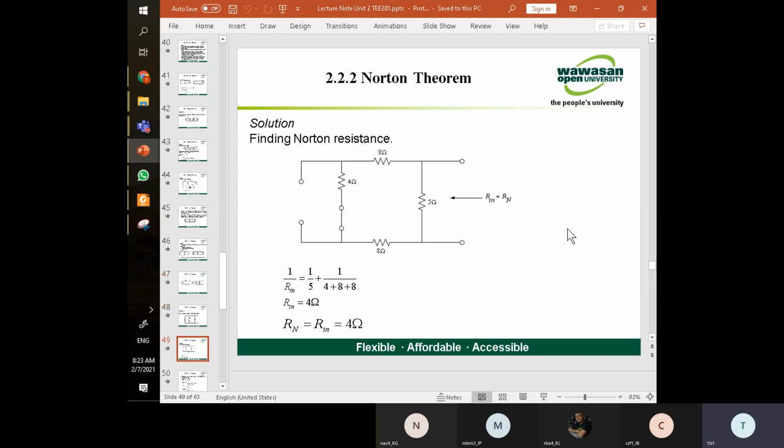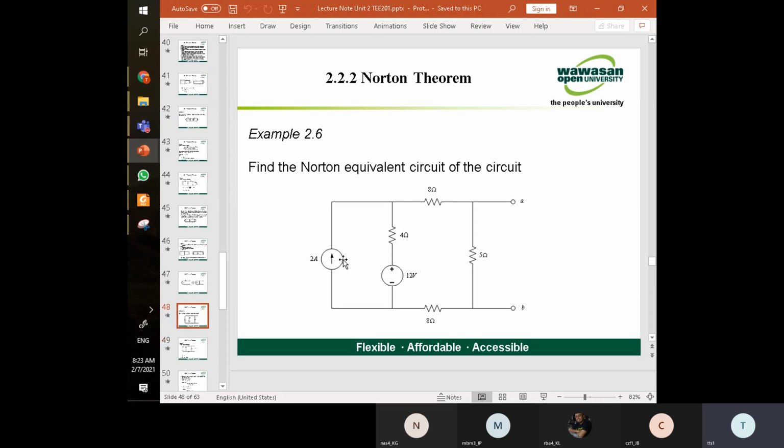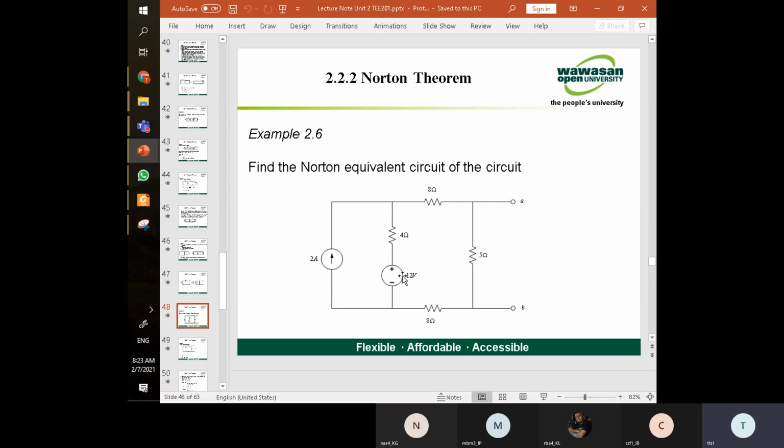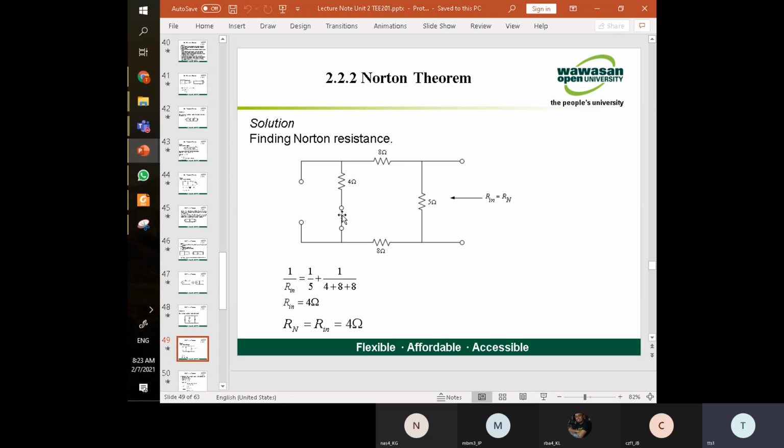Okay, here's the example. First, you see this part. You take away this current source here. Take away the current source, then it becomes open, and then take away the voltage source, and it becomes a short circuit. So the first part is to calculate the total resistance, just like the Thevenin theorem.